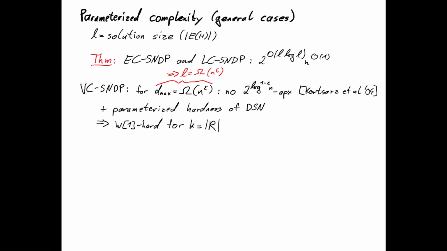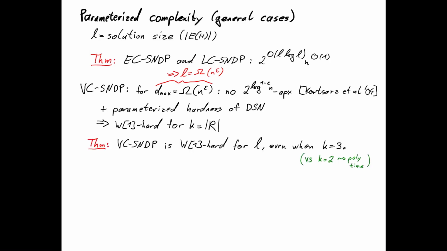In particular, you can see that in this reduction, the maximum demand is polynomial in N, which also means that the solution size will be polynomial in N. So for our parameter, this doesn't really show parameterized hardness in the solution size.